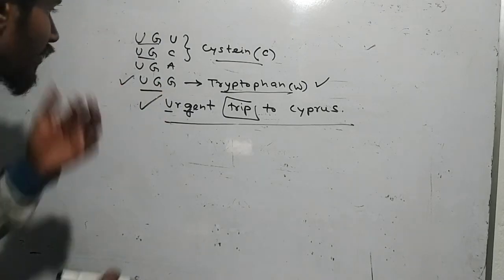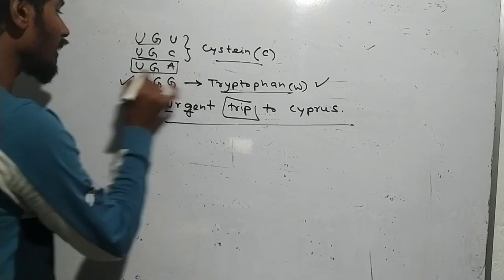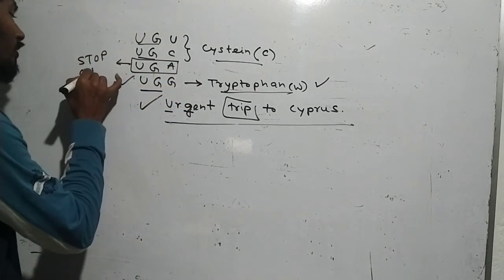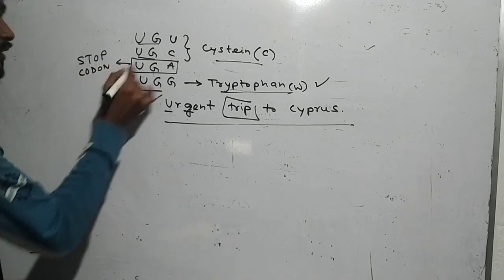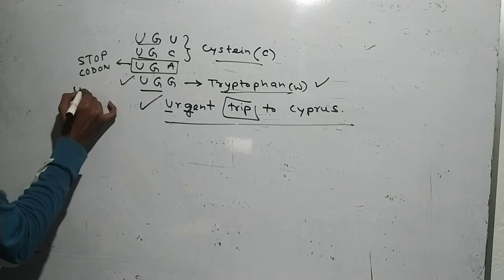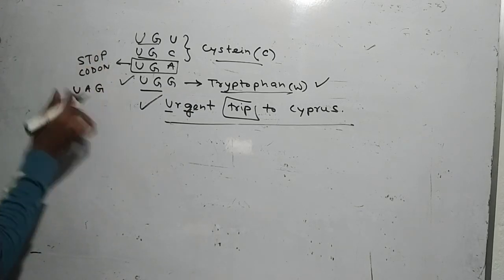So you will see that tryptophan is singular or single, and this UGA is actually a stop codon. So you have to remember this stop codon. It is very, very important. You just saw that we had UAG, okay, and it was also a stop codon.